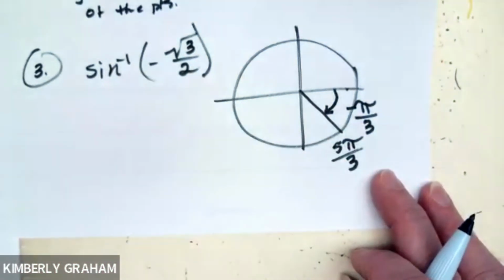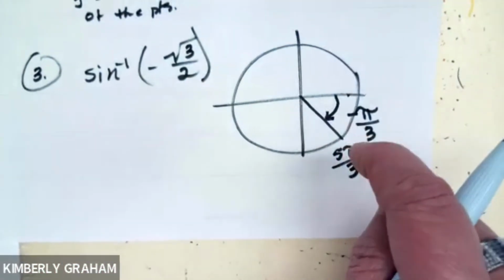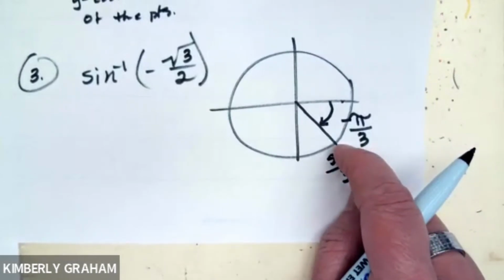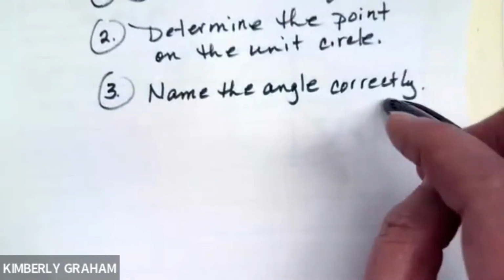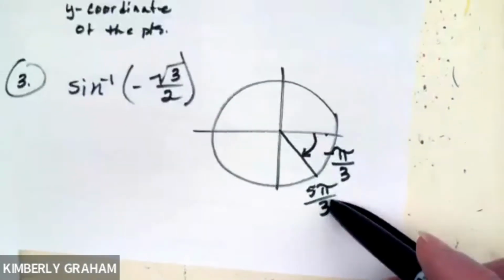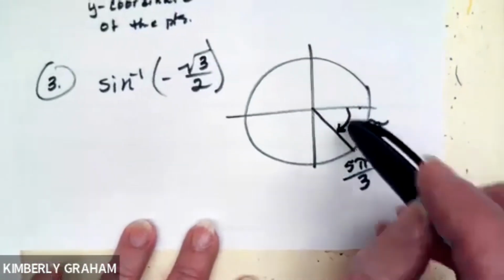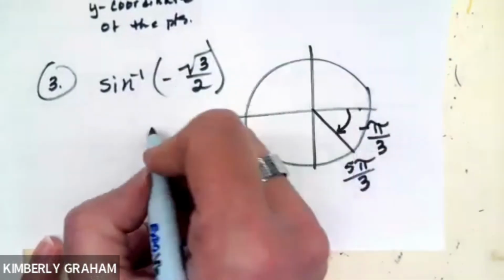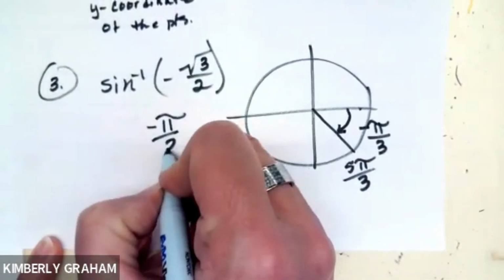So I've figured out the point on my graph, but this last step here, to be sure I name that angle correctly, I cannot call it 5 pi/3. I need to be looking at this as negative pi/3.